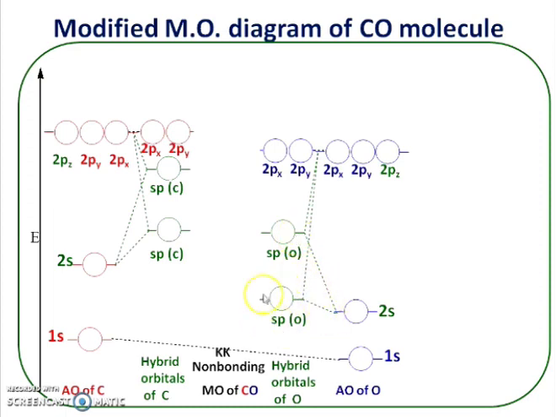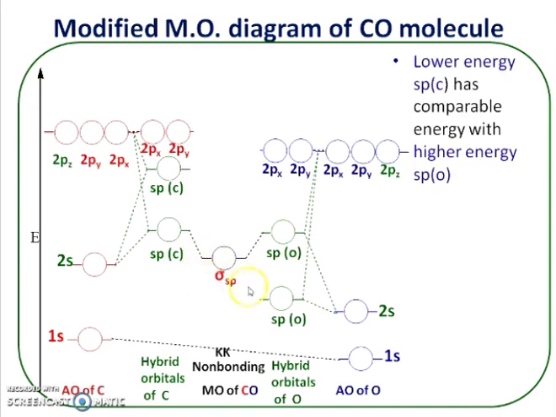At the same time, the lower sp hybrid orbital of oxygen has too much lower energy, and therefore in-phase combination occurs between the sp hybrid orbitals of carbon and oxygen, especially the lower energy sp hybrid orbital of carbon combined with the higher energy sp hybrid orbital of oxygen. With in-phase combination, there is a formation of the bonding molecular orbital denoted by sigma sp.